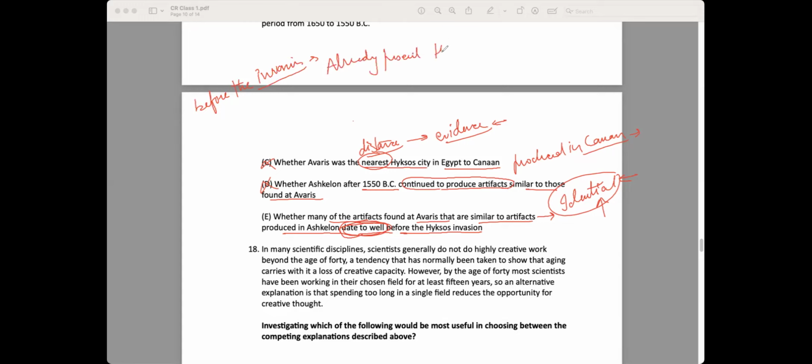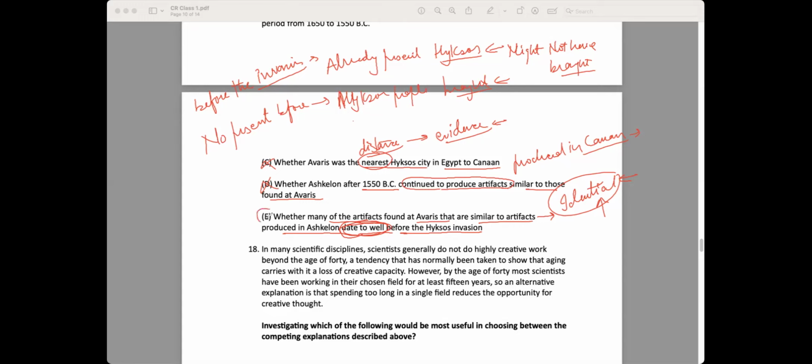But if they were not present before the invasion, it's more possible that Hyksos people brought them. Getting my point, everyone? If they're already present, then we can't say that Hyksos brought them because they're already there. Someone other than that might have brought them. Hyksos might have come from some other place. But if they were not present, it's more likely that Hyksos people would have brought them from Canaan.